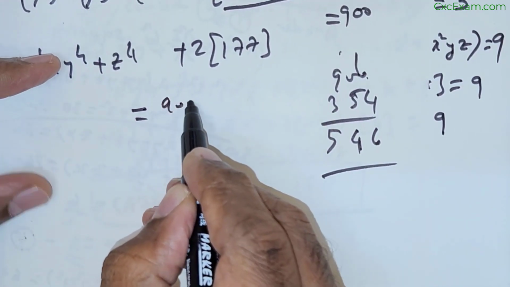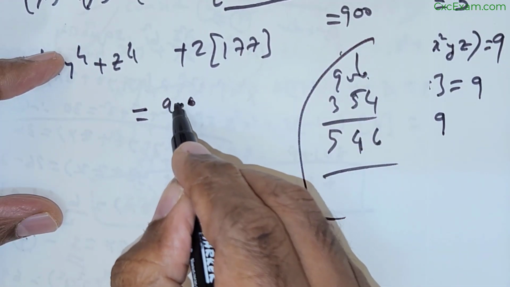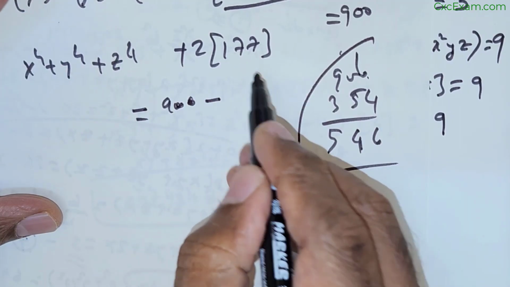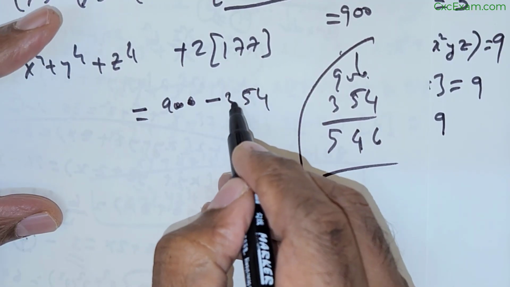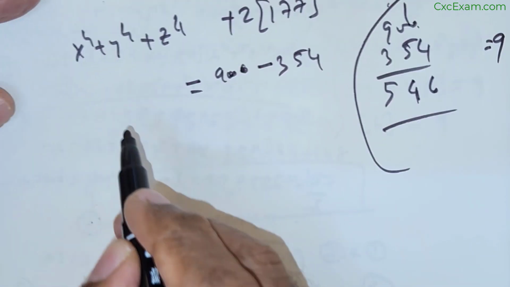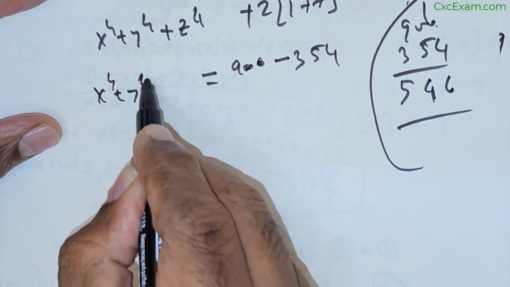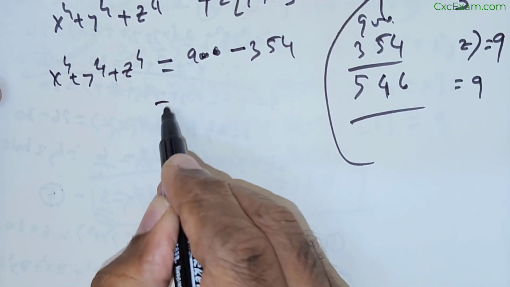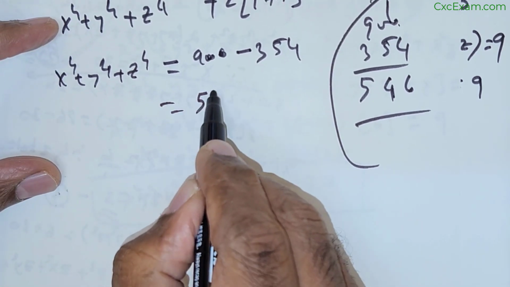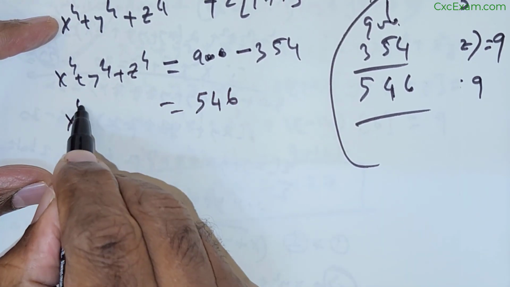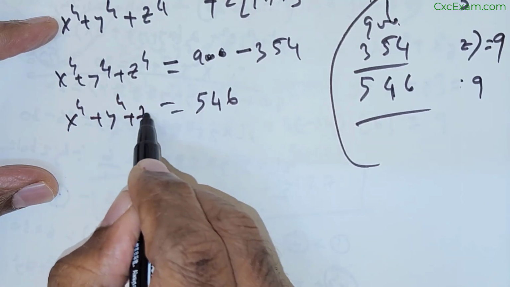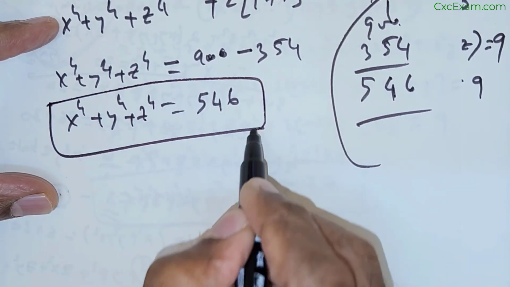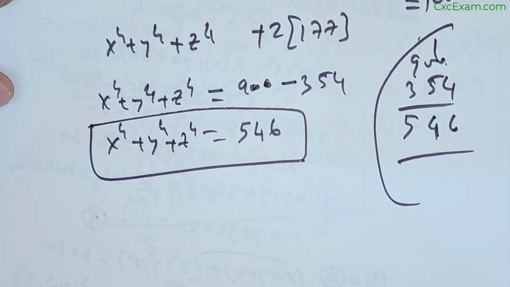So this step is actually 900 minus 2 times 177, and on the left you have x power 4, y power 4 plus z power 4. So you subtract this, you get 546. x power 4, y power 4 and z power 4. Okay, so that is the evaluated value.